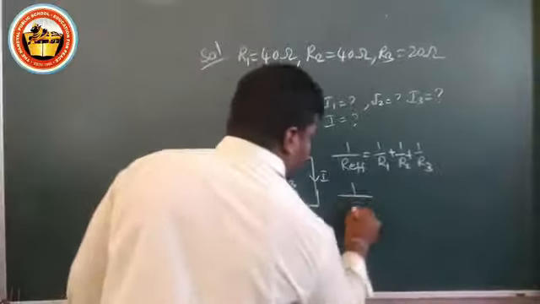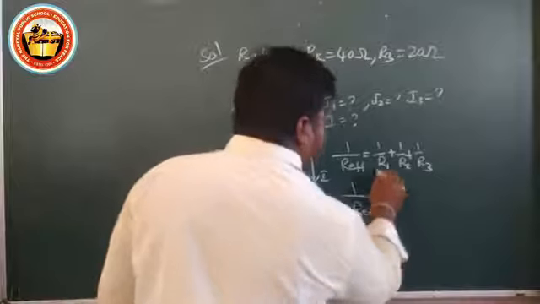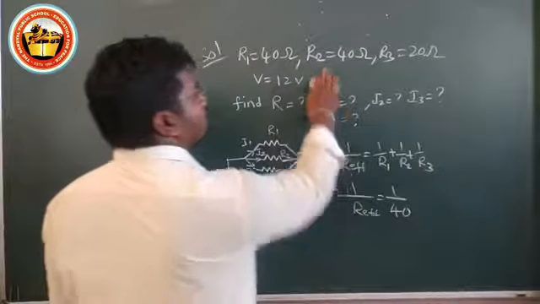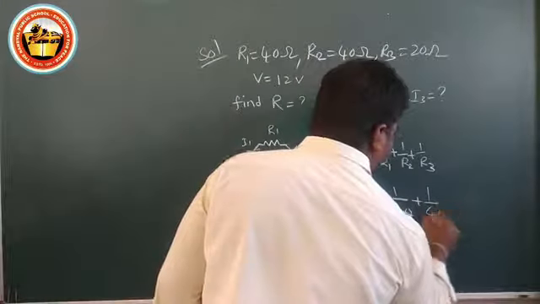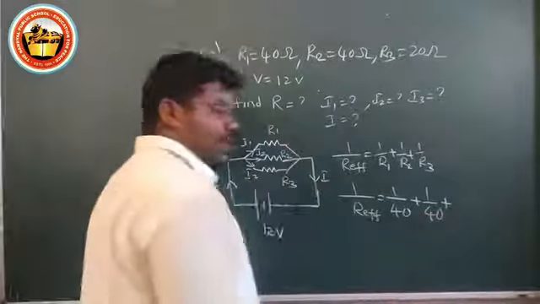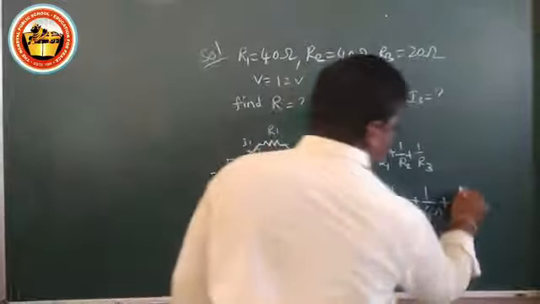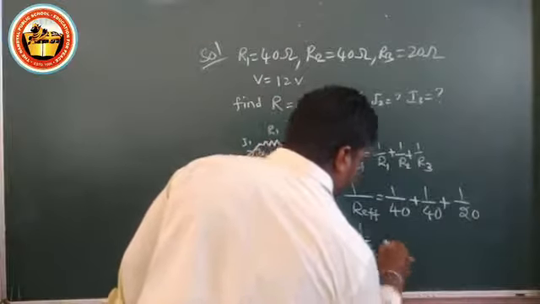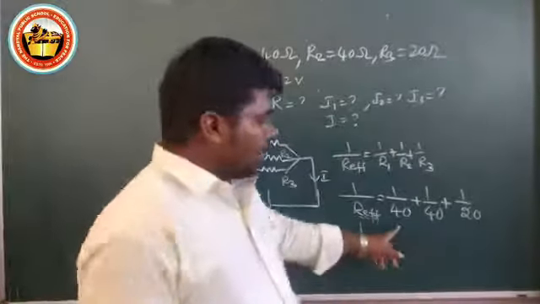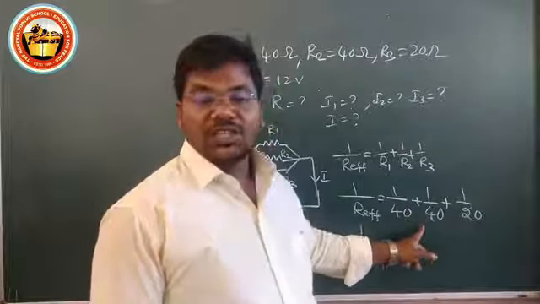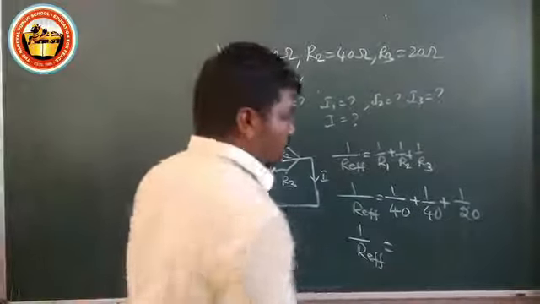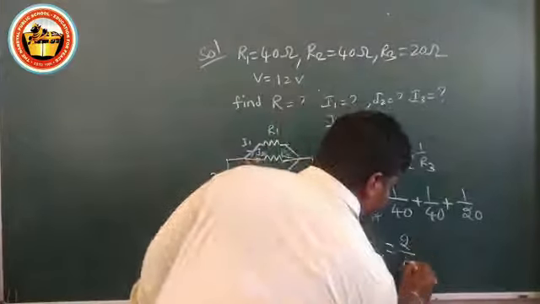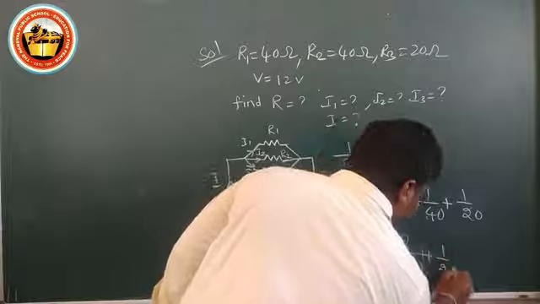R1 is 40, so 1 by 40 plus 1 by 40 plus 1 by R3, 1 by 20. 1 by 40 plus 1 by 40: 40 is common, remaining 1 plus 1, so 2 by 40, plus 1 by 20.